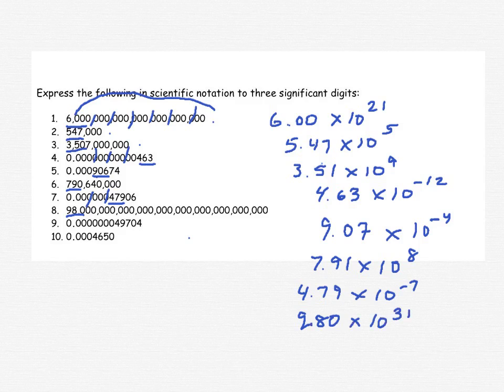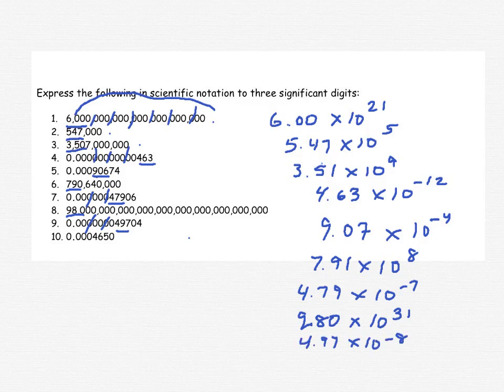Number 9, 497. The 0 doesn't round it up. So 3, 6, 7, 8. 4.97 by 10 to the negative 8.